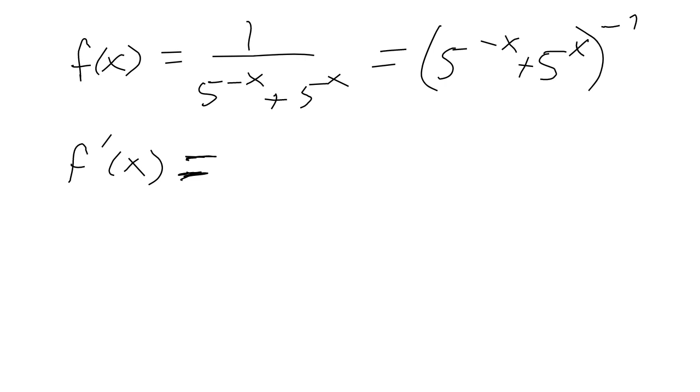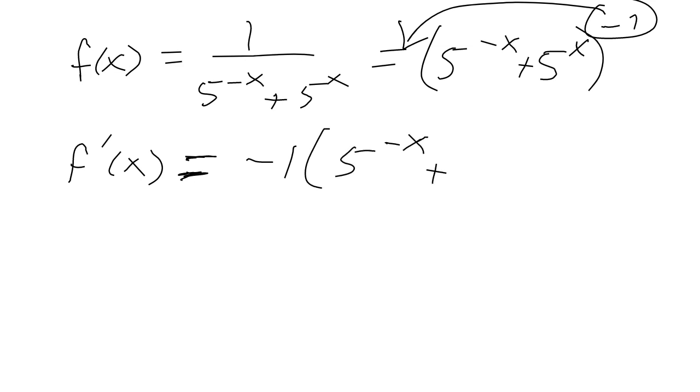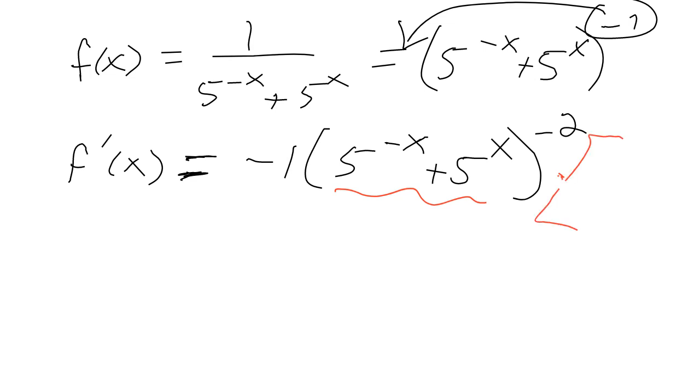So I'm going to use a power rule, not the quotient rule. I'm going to take that minus 1, drop it in front, times that to the minus 2 power, but then times the derivative of what's inside by the chain rule. So the derivative of a to the x is a to the x natural log of a. The first one is 5 to the minus x times the natural log of 5.